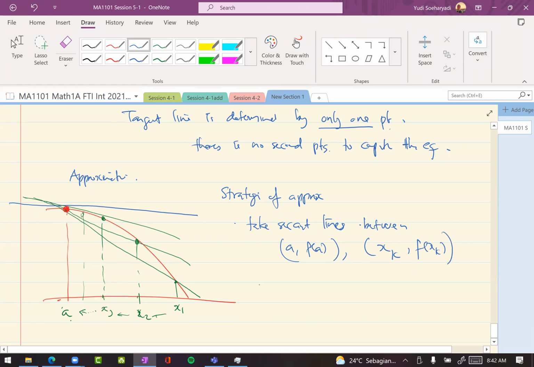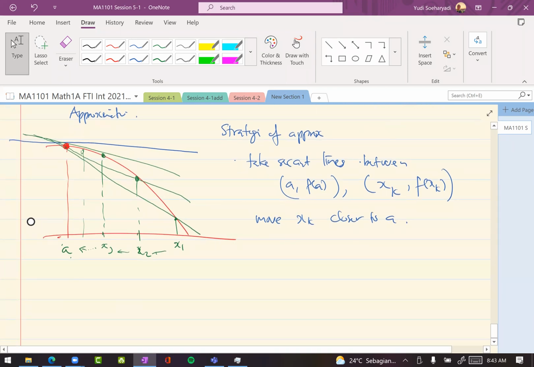Then you shift. Okay, so that should be the idea.